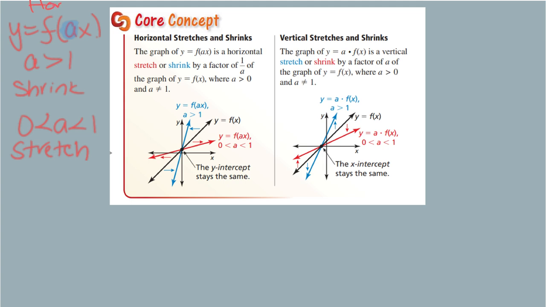We just need to figure out if it's a shrink or a stretch. That's the first step that we should look at. My pen is breaking, I'm sorry guys. What's happening when it's vertical? When it's vertical, you're doing y equals a times f of x.